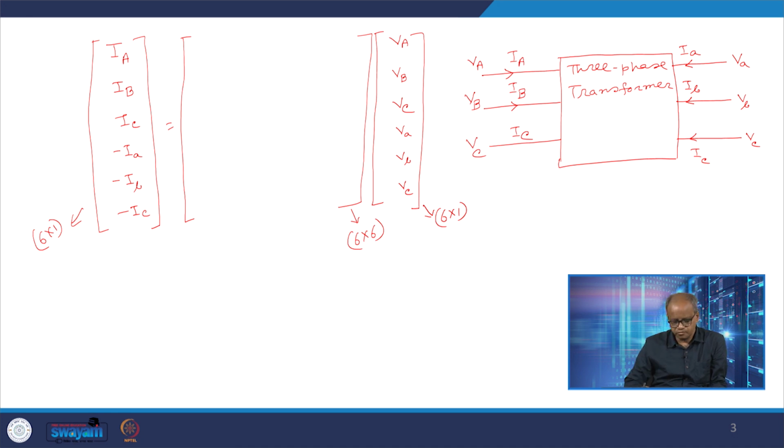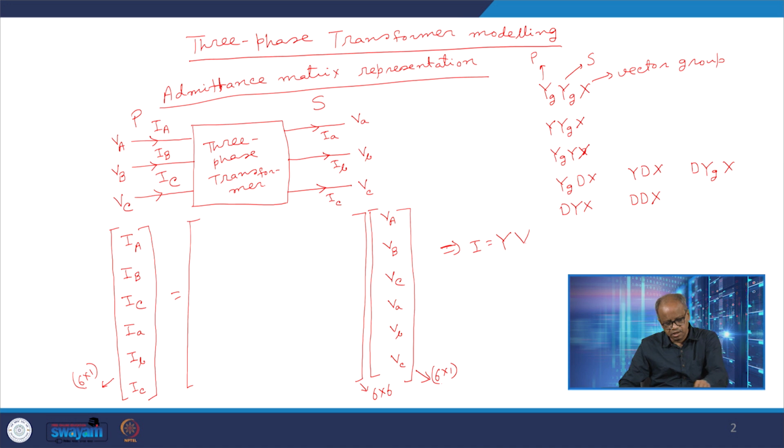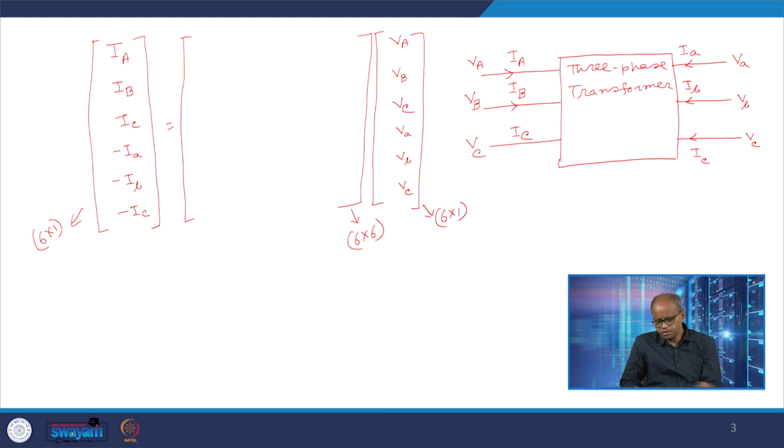In contrast, in the earlier representation, IA, IB, IC enter the transformer, but at the secondary side these currents are going out of the transformer. But in this representation, the currents at both the primary and the secondary side are entering the transformer, and we are seeking this matrix.